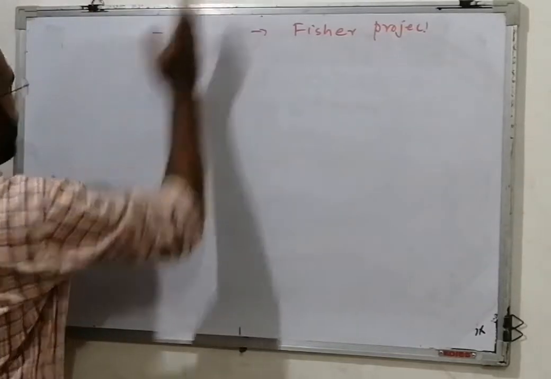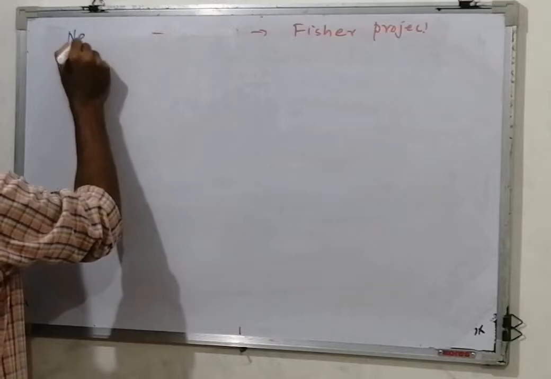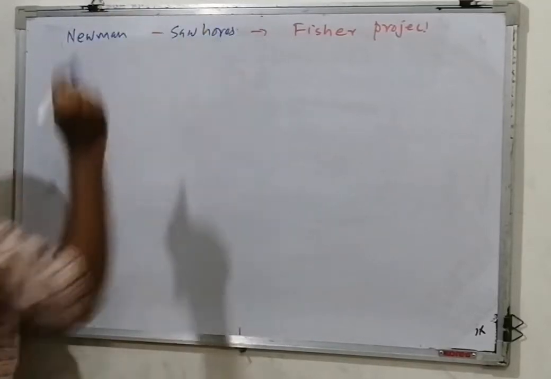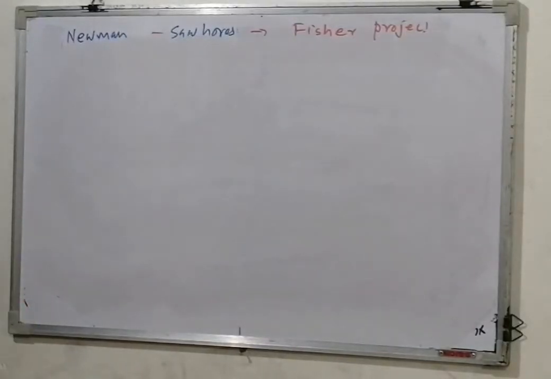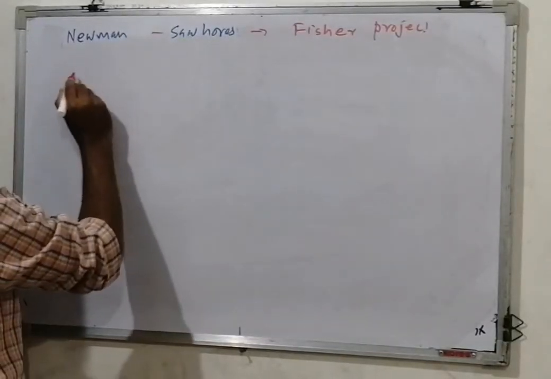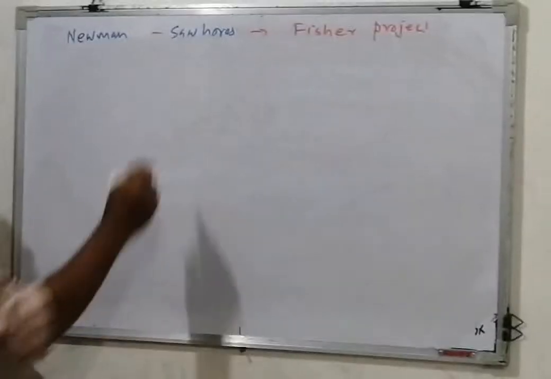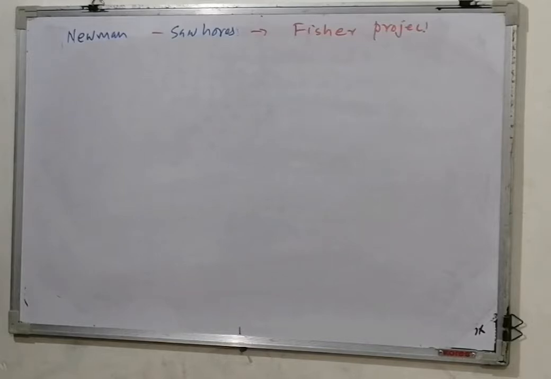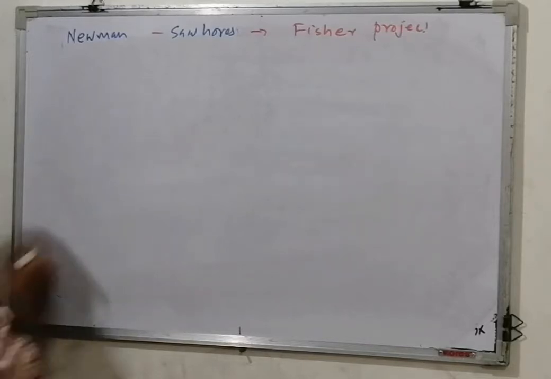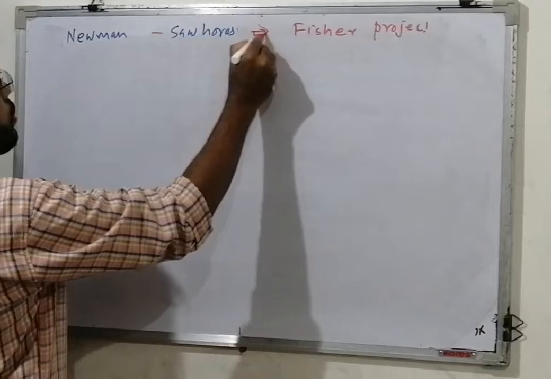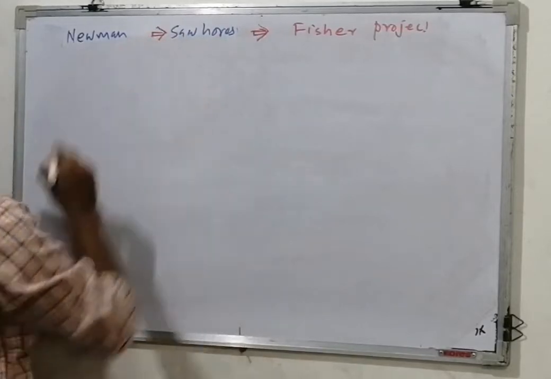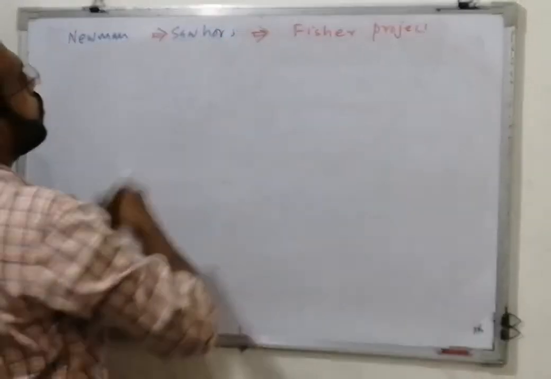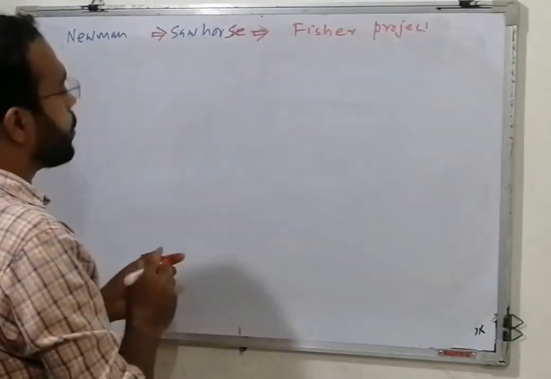Actually, this should be like this: Newman, Sawhorse, then Fischer projection. If you are given a Newman, it should be converted into Sawhorse, then Fischer. If you are given the Sawhorse, it can be converted into Fischer projection. Okay, how can we do that? That's very, very important.